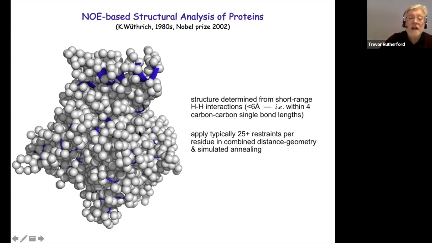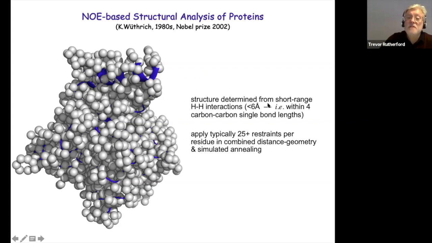We take a frequency assignment of each of those spins. It's a laborious process, and we get an assigned frequency for every one of those spins in the molecule. We can then measure the strength of NOE between each of the pairs that are within 7 angstroms of each other. We put those into some kind of distance geometry minimization, and you can get the overall fold of the protein. So this NOE-based structural analysis began in Kurt Wuthrich's group in the 1980s.